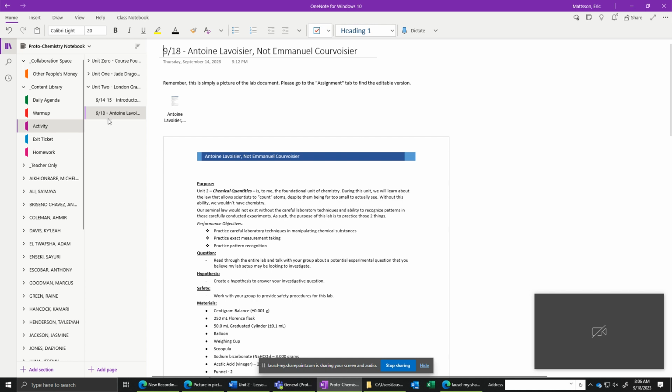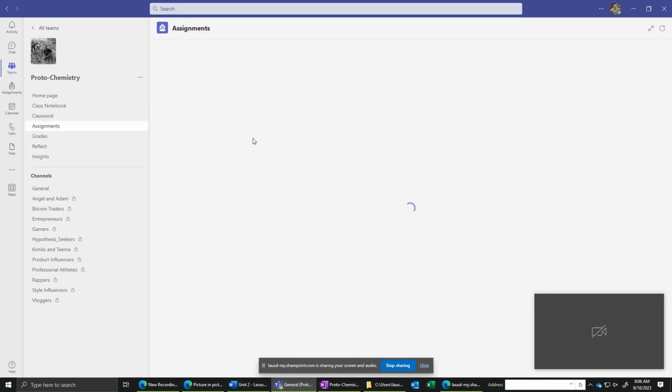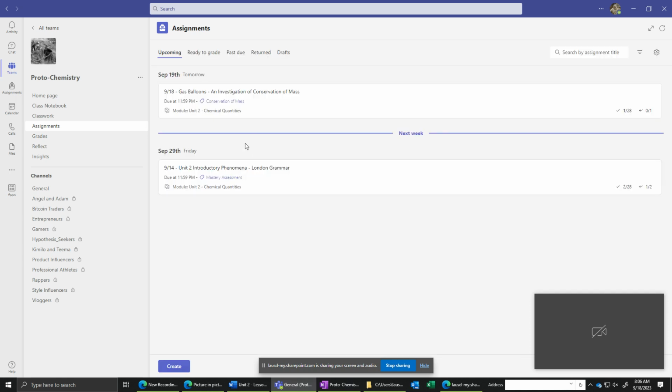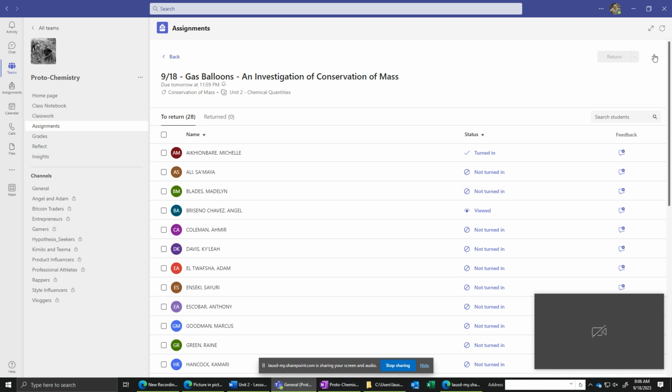If we go on to the activity again, here's the lab. But remember, this is just a printout of the lab. You can't actually write on here. To find the lab, we go into assignments, and you'll find the editable copy over here. Now, this particular one, I have uploaded the actual document here for you.